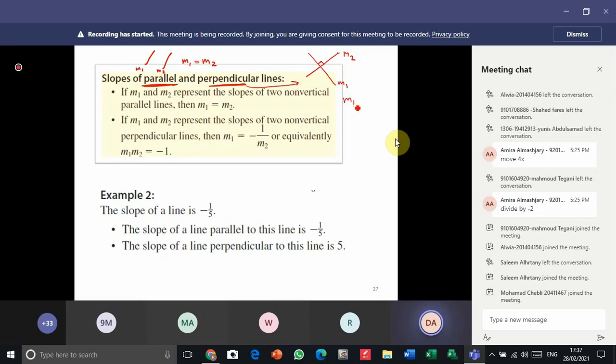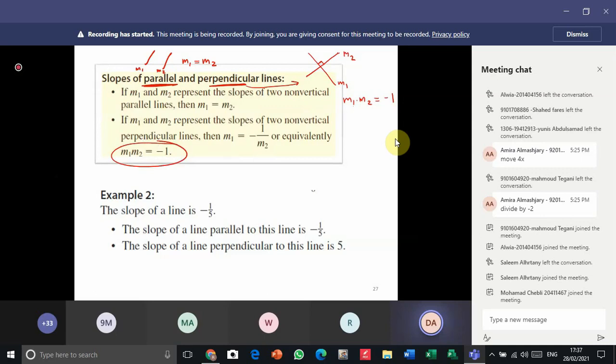If we multiply m1 with m2, this must always be equal to -1. If the multiplication of any two line slopes equals -1, then this is perpendicular.